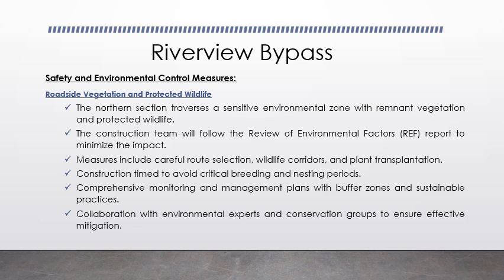Measures will include careful route selection, wildlife corridors, and plant transplantation. Construction timing will avoid critical breeding and nesting periods, with comprehensive monitoring and management plans with buffer zones and sustainable practices, and collaboration with environmental experts and conservation groups to ensure effective mitigations.